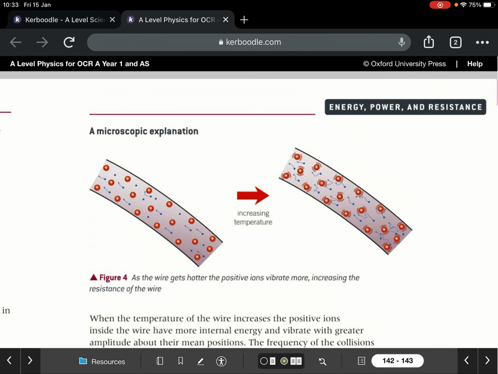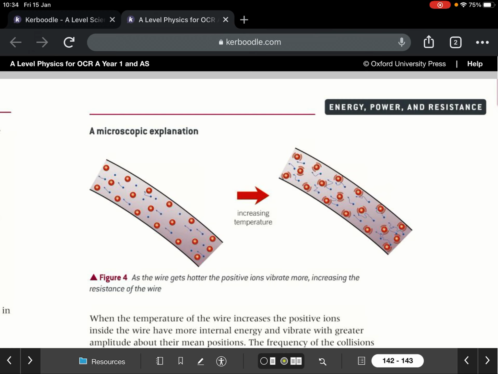So here we have 2 wires. On the left-hand side, you have a cool wire, and on the right-hand side, you have a warm wire. On the left, in the cool wire, you can see that those positive ions, those red blobs with the little positive signs in, are not really moving very much. Of course, they are vibrating, but for the purposes of this diagram, because they're cool, they're not vibrating very much.